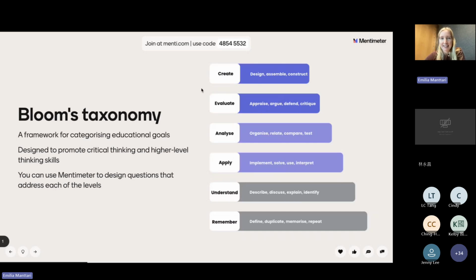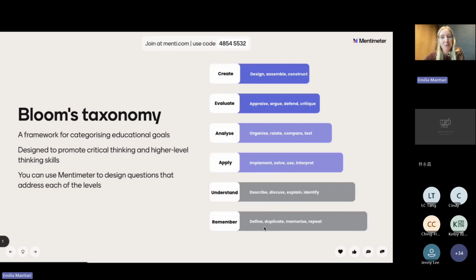And I've added the little graph here on the right side of my slide of the different levels in the framework. The first level here is remember, and I've also added some of the key verbs that we use in the framework so that you can understand what kind of things fall under each of the levels.